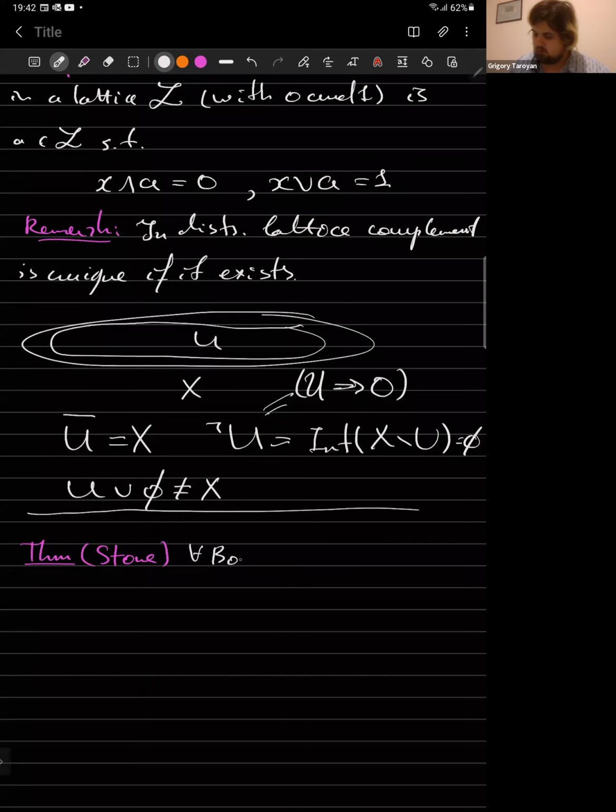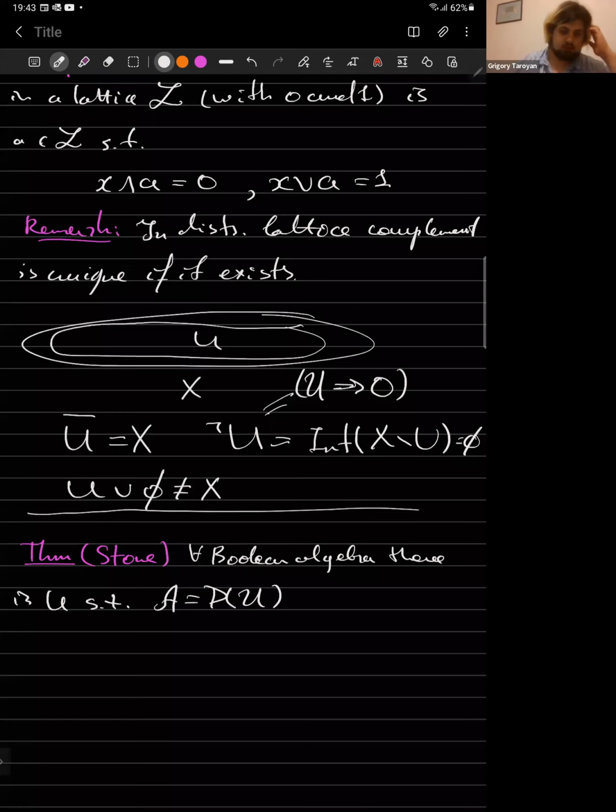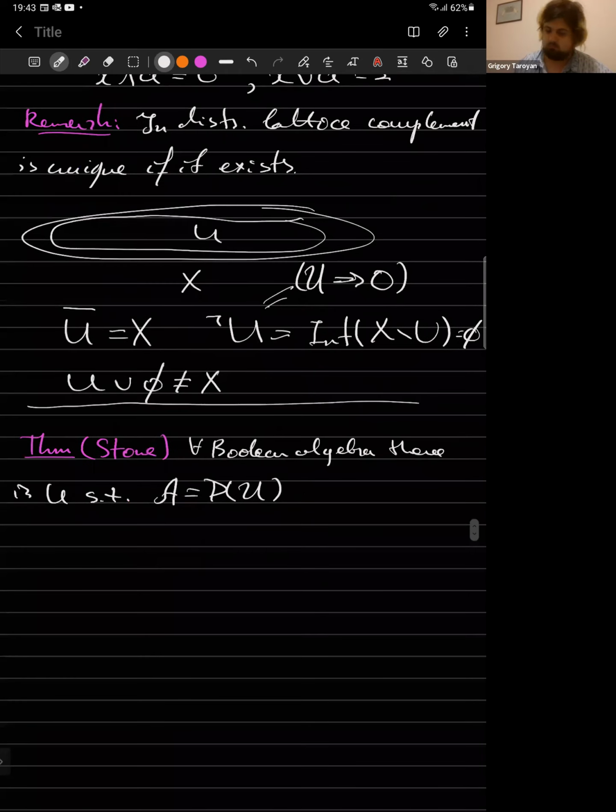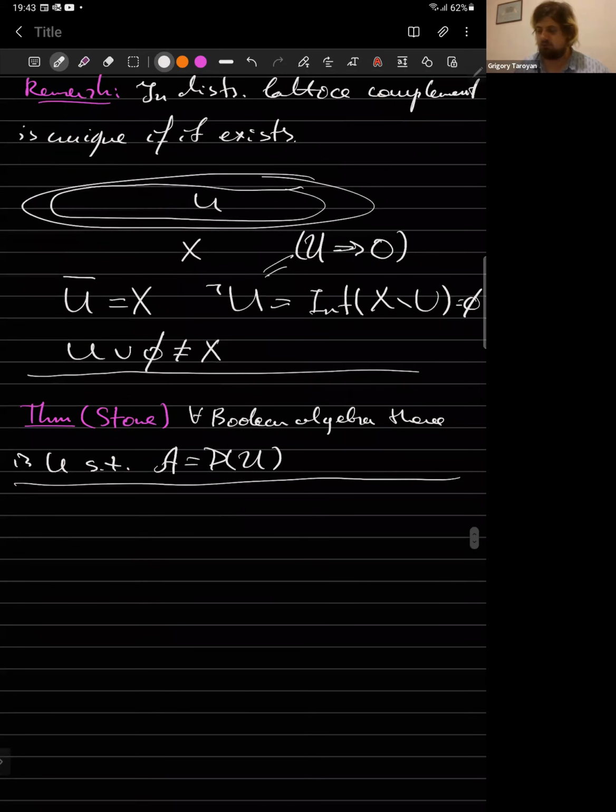For any Boolean algebra A, there is a set U such that A is isomorphic to the Boolean algebra of subsets of the set U. So this is sort of a realization result.